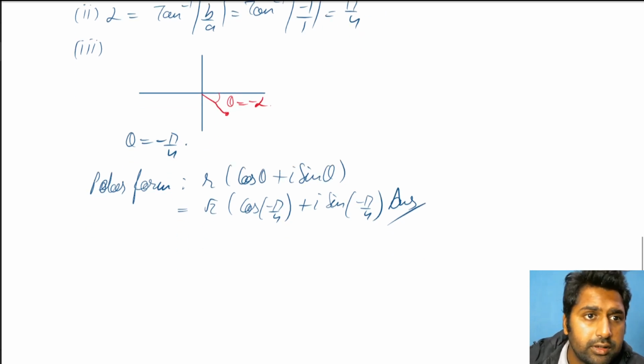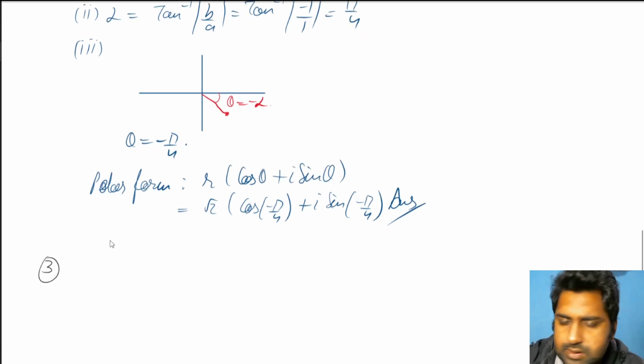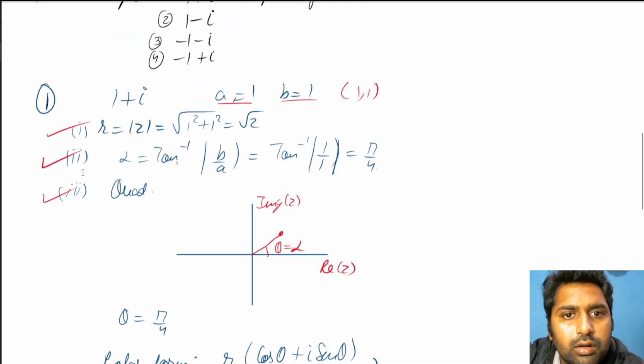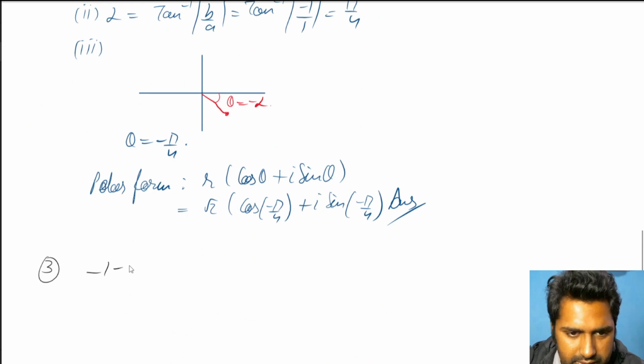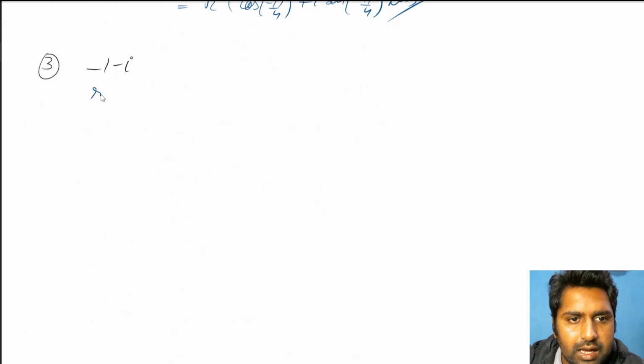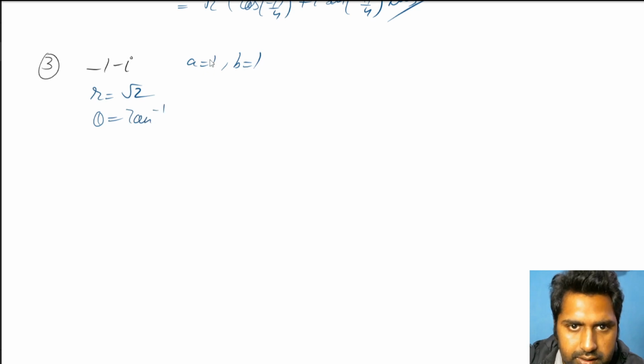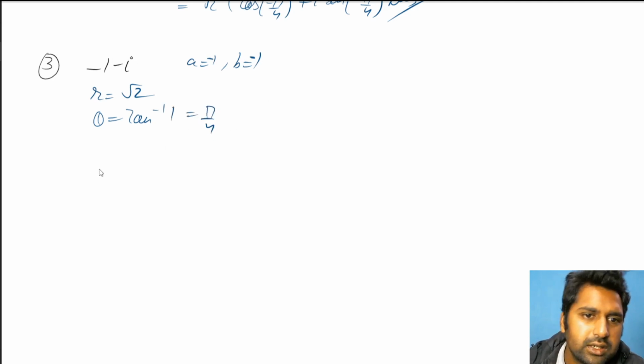Now let's quickly solve the third and fourth ones. The third one was minus 1 minus iota. Pretty much you can guess, this is in the third quadrant. This time I'm going to be slightly quick about this. a is minus 1, b is also minus 1, r is root 2. Then alpha is tan inverse, again it will come 1, so pi by 4, because the modulus is there.